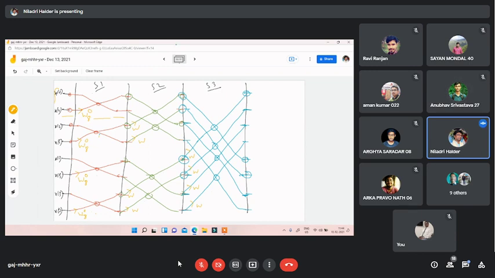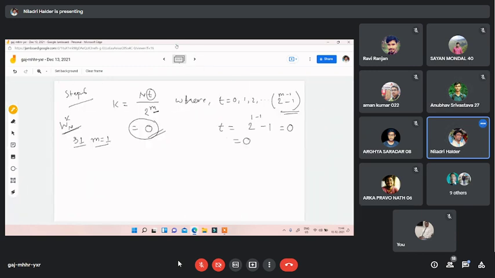Yes, sir. For stage 2, m is 2. So t will vary up to 2 to the power 2 minus 1 minus 1, so up to 1. Maximum value of t is 1. So t will vary as 0 and 1. So k value when t equal to 0 will be 0 obviously.